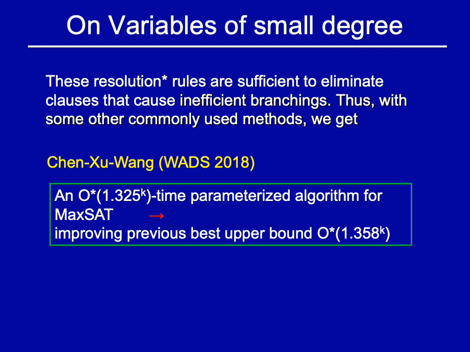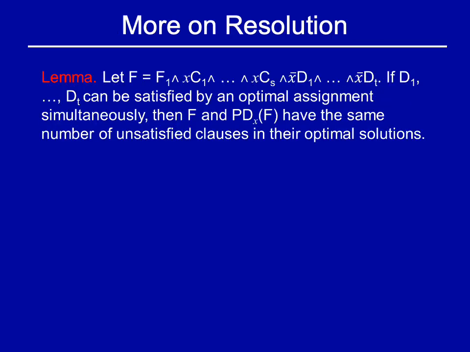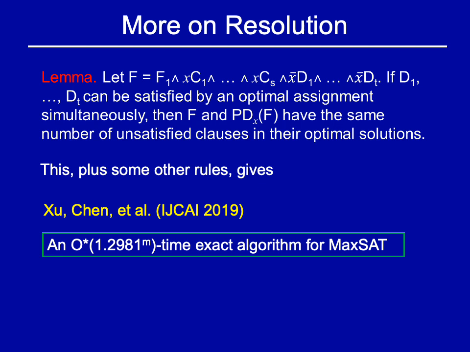Therefore, for the general Maxset problem, we have an algorithm whose complexity is 1.325 to the k, which improves the best previous algorithm whose complexity is 1.358 to the k. And we can do further, and that also leads us to improve the algorithm in terms of the number of clauses.